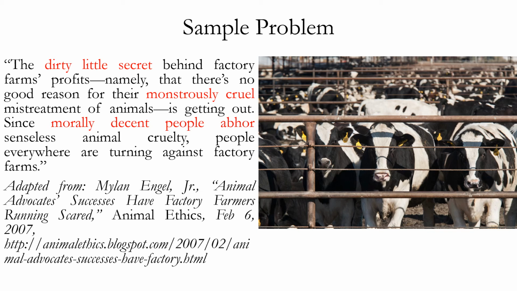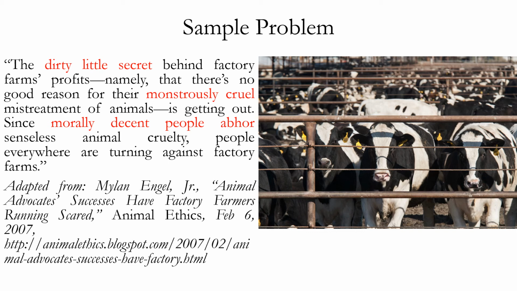The next instance of loaded language is morally decent people abhor. This one is more subtle, but it's basically trying to trigger a sense of the audience wanting to identify with morally decent people. It's a type of appeal to the people, an ad populum fallacy in logical terms.